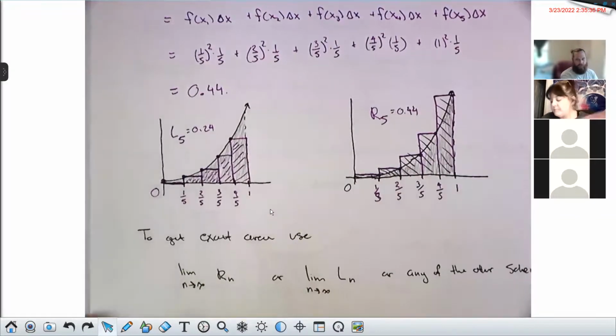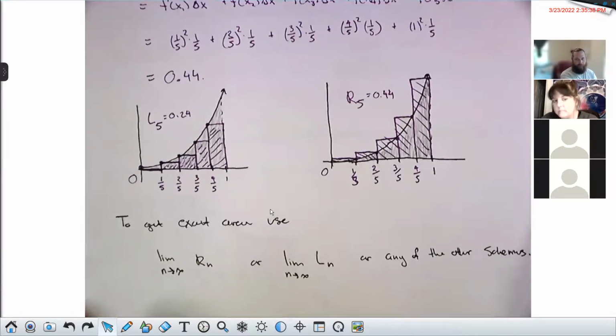We'll call those schemes. But you need to use infinitely many rectangles. That's how you get the exact area. No finite number of rectangles is guaranteed to give you the exact area. Certain special cases, maybe. But if you want to guarantee that you get the exact area, what you need to do is stack in more and more and more rectangles.